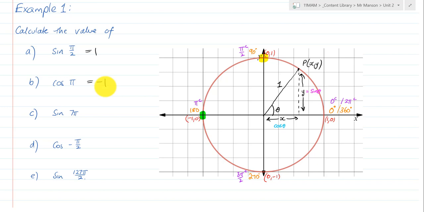Or 111 pi. Or negative pi. There's lots. So sine of 7 pi, and this is going to start you on your road to symmetry, by the way. I'm going to make the statement this is the same as sine of pi. Is everybody happy with that? 7 times around, 3.5 times around is the same as half a time around, which is just pi. And what's sine of pi?